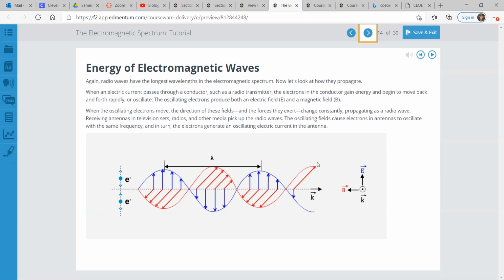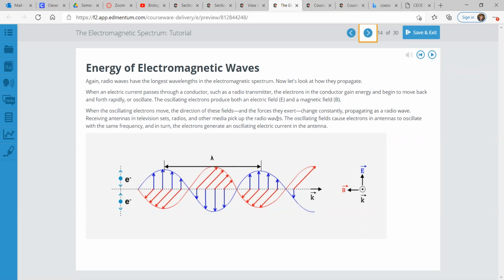The oscillating electrons produce both an electric field, E, and a magnetic field, which we will call B. When the oscillating electrons move, the directions of these fields and the forces they exert change constantly, propagating as a radio wave. Receiving antennas in television sets, radios, and other media pick up the radio waves.